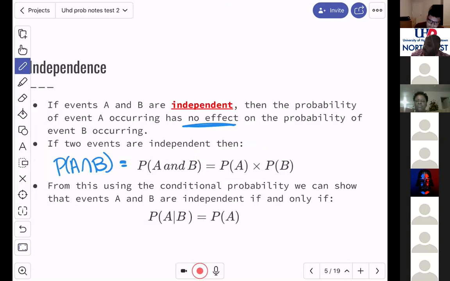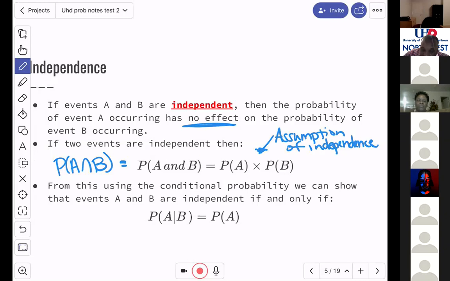This is what we call an assumption of independence.